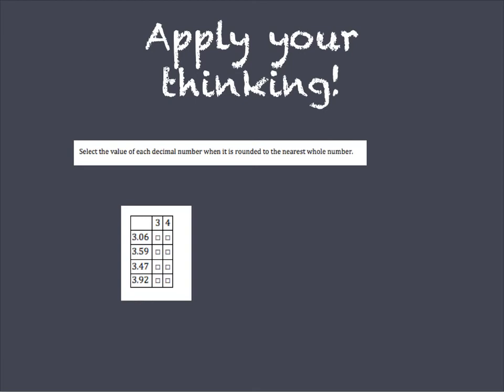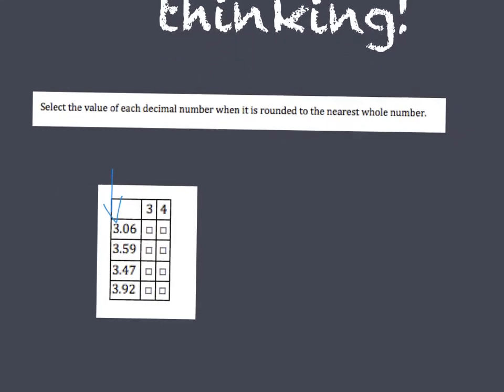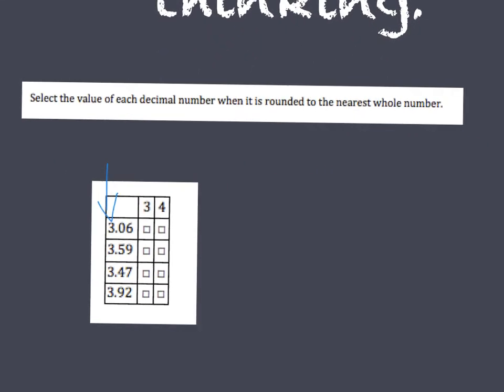All right, let's apply your thinking. Select the value of each decimal number when it is rounded to the nearest whole number. So in all of these numbers right here in this table, we are rounding to the whole number. And then over here, it has a little checkbox to tell us, is it going to be rounded to a 3 or is it going to be rounded to a 4?